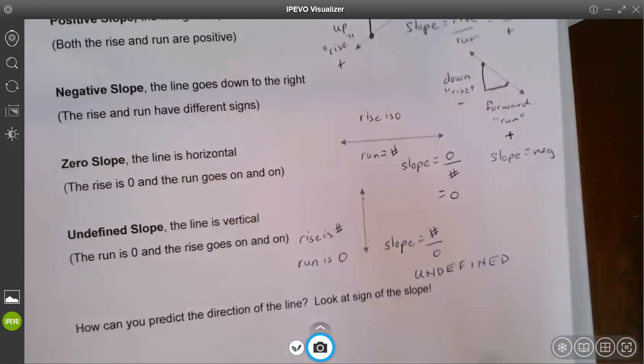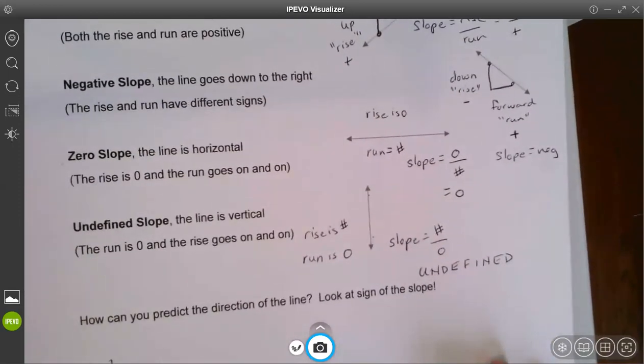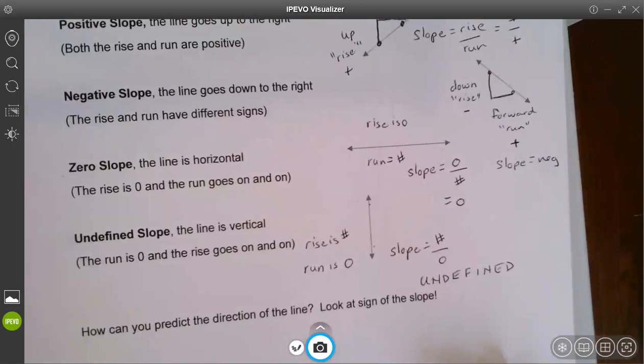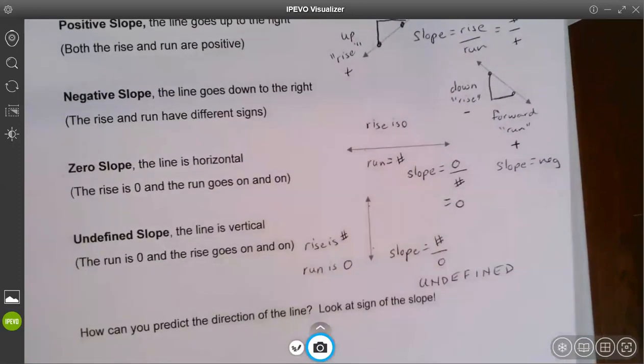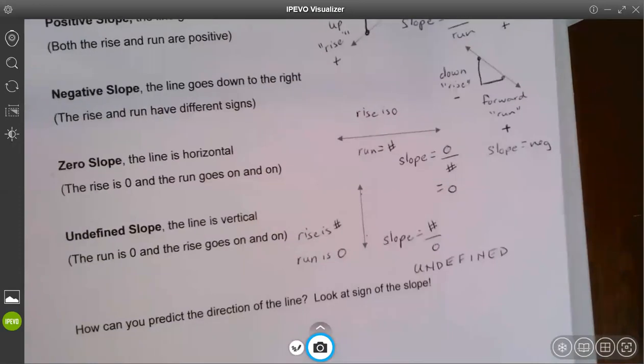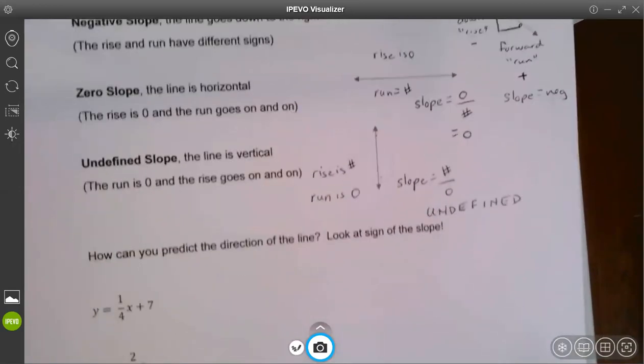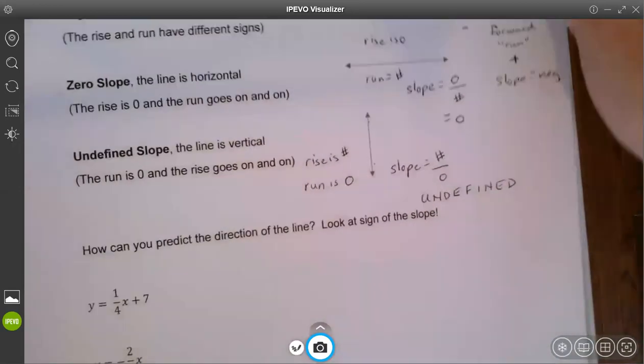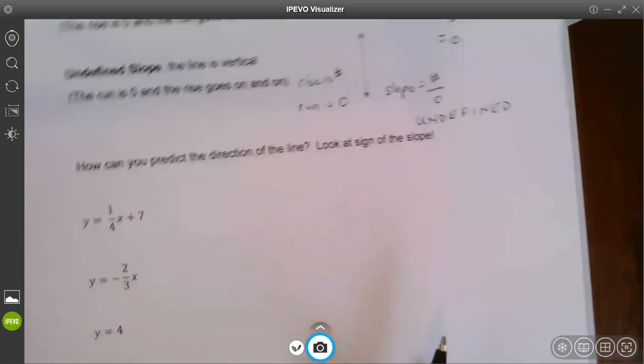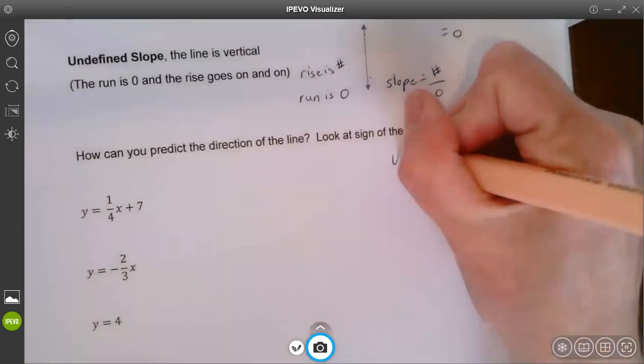The idea is that you always want to make sure that the direction of the line matches up with the slope of your line. It's part of the check process as you're going through this. Now, if you look at the next group of questions here, our equations are in the form of y equals mx plus b.